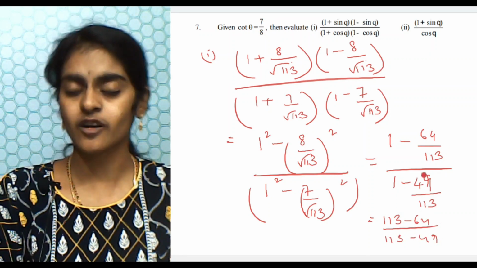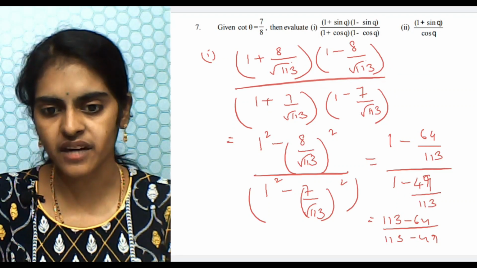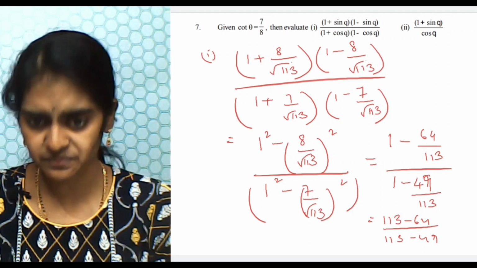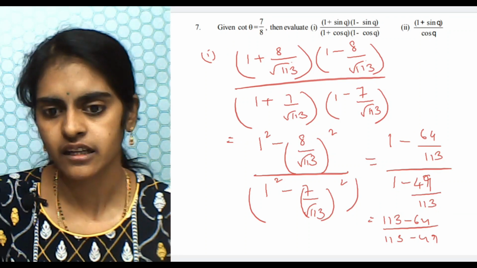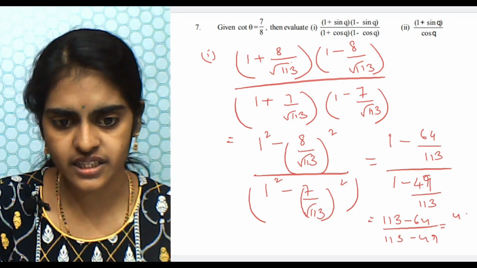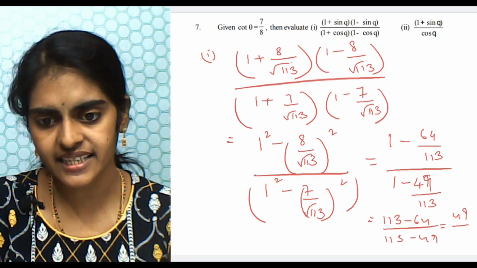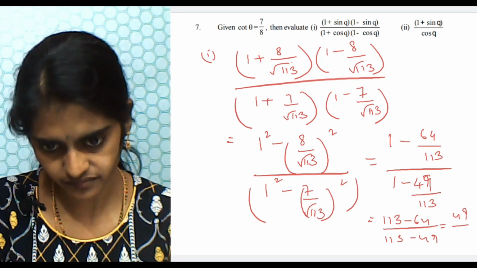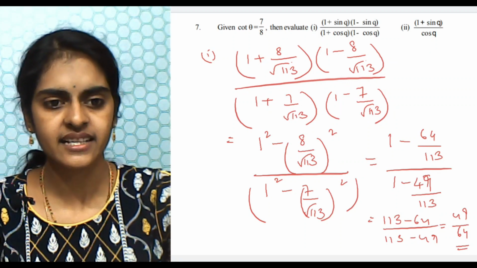Here these two denominators get cancelled. I directly wrote the step. What is 113 minus 64? It is 49. And 113 minus 49 is nothing but 64. So the answer is 49 by 64.